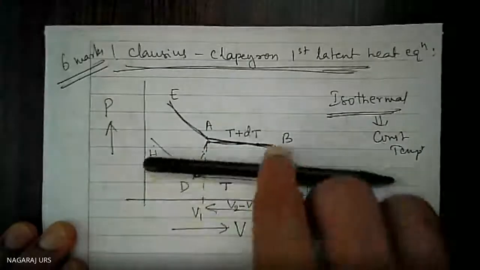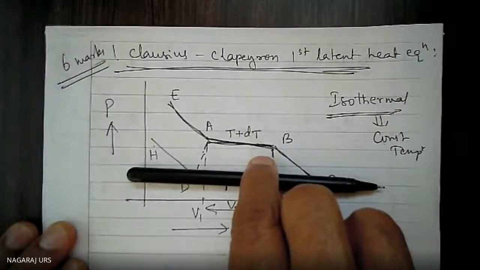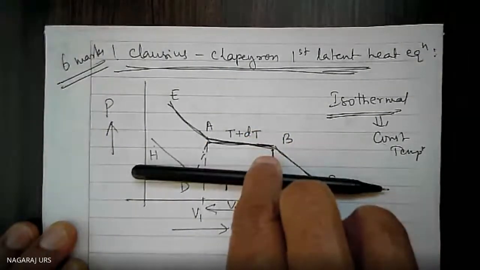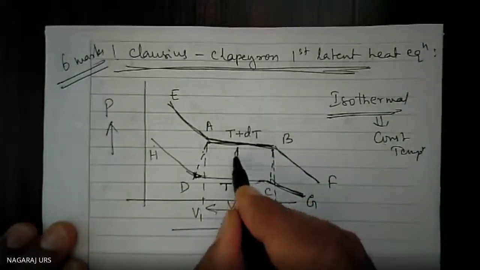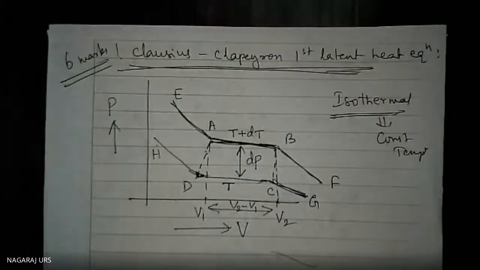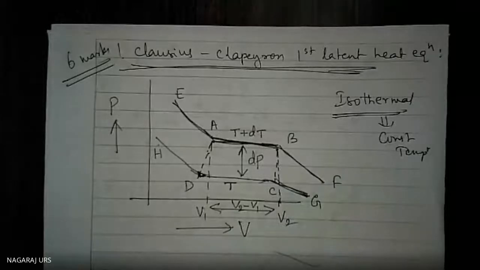You can observe that here the pressure is more and here the pressure is less. For the first isothermal, pressure is more. For the second isothermal, pressure is less. The pressure difference between here and here, I am going to consider as dP. So the pressure difference between the two isothermals is dP.